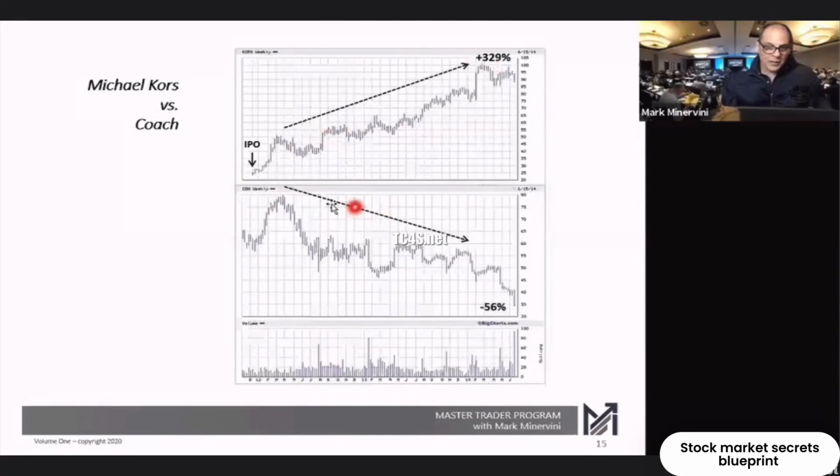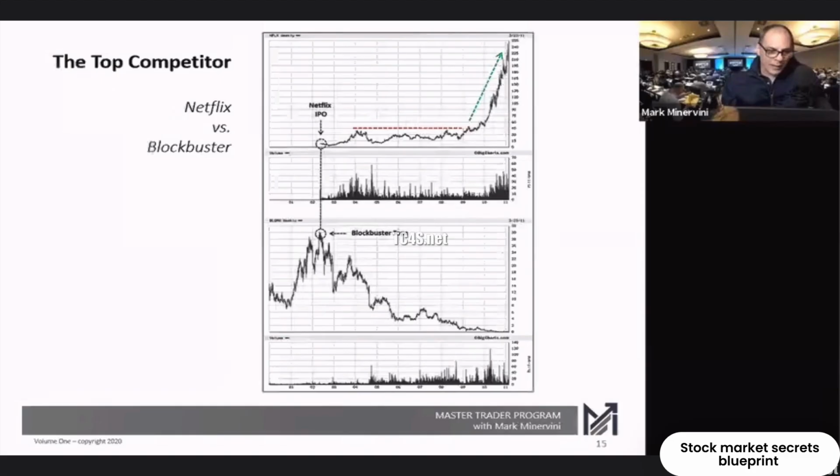This stock tops and gets cut in half, while Michael Kors just has a great run, and that's the new boy coming into town. It certainly wasn't the market leader at the time because they'd just gone IPO, but they came on the scene and took over that top spot. So that's looking at top competitors.